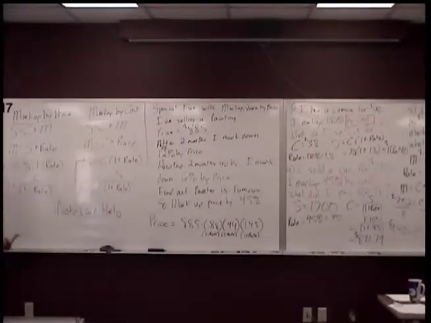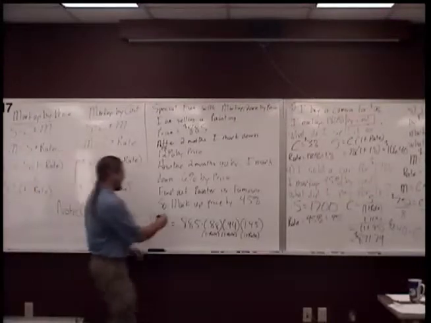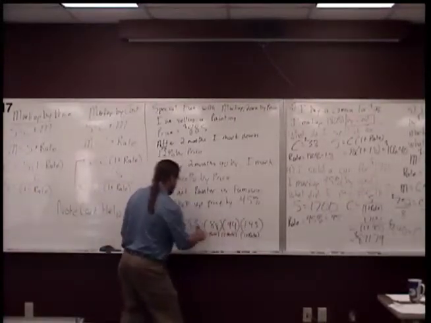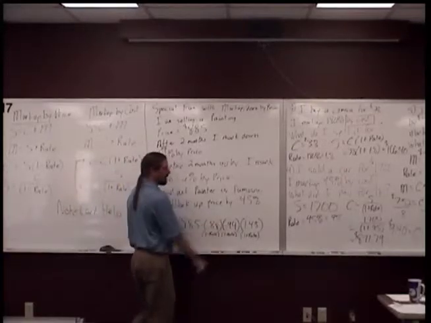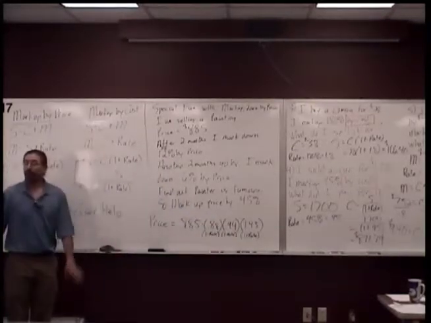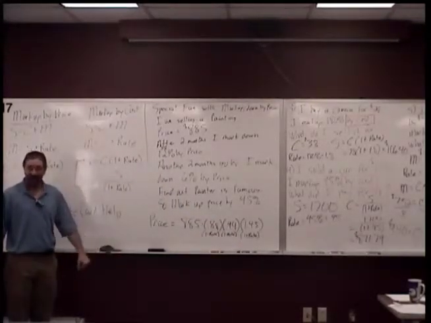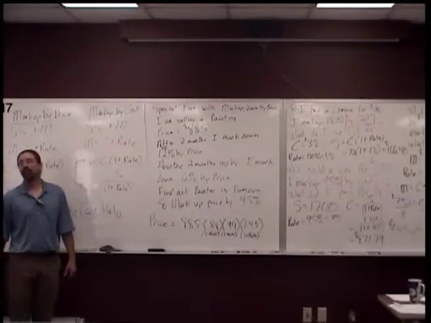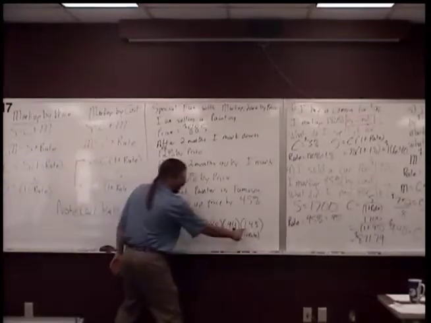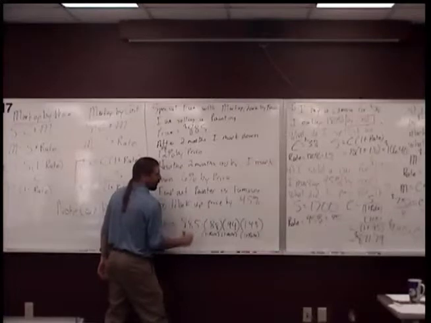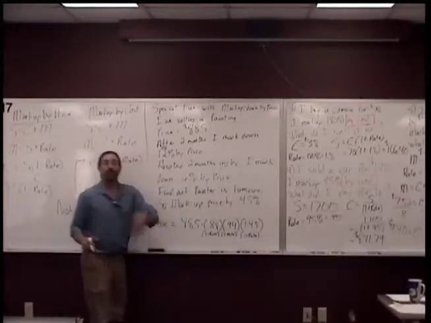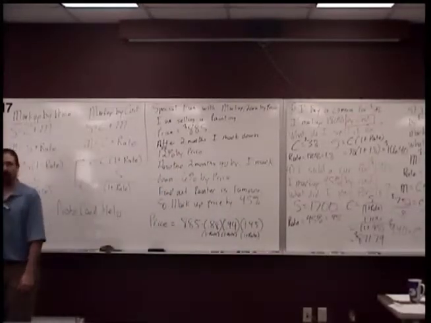And again, the reason why that is because you're going to take this number, whatever it is, 885 times 0.88 times 0.94, you're going to multiply it by 0.45 and then add it back to that number. The 1 is what gives you the number, and the 45 is what gives you the additional percentage.